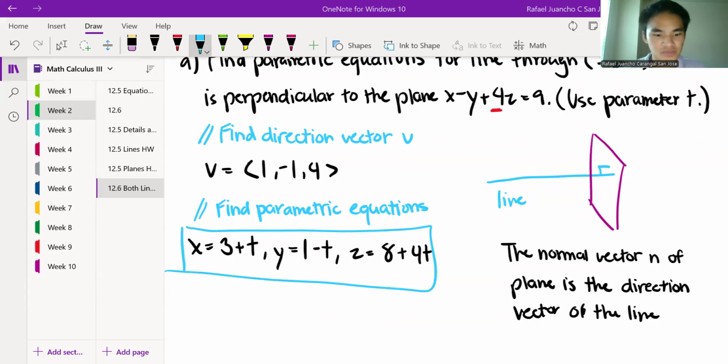Okay, let's plug it in and see what we get. And from there, we can find vector equations, a vector equation, or the symmetric equation, depending on what we need to find.